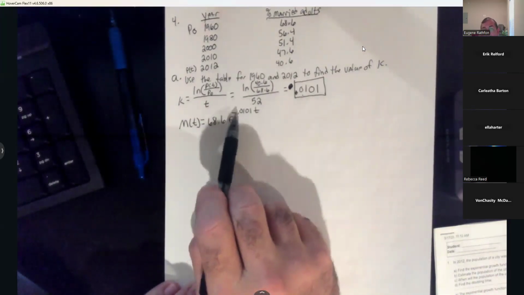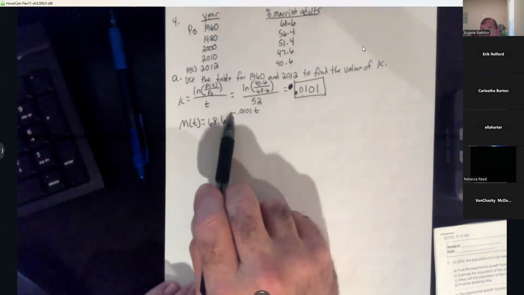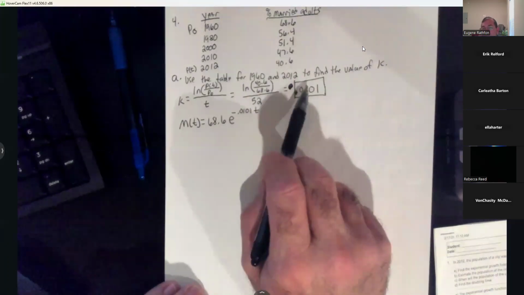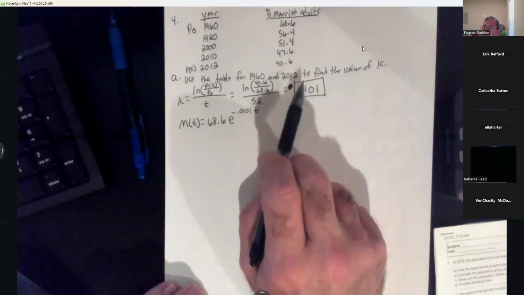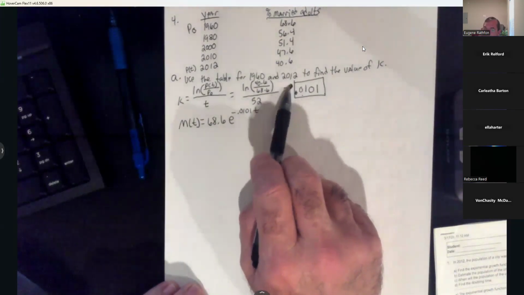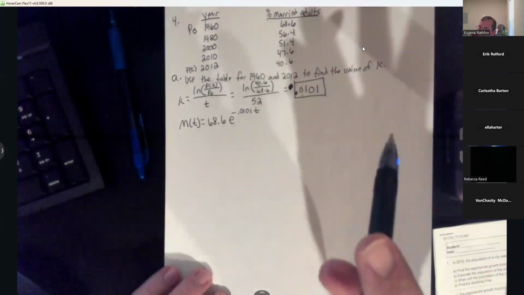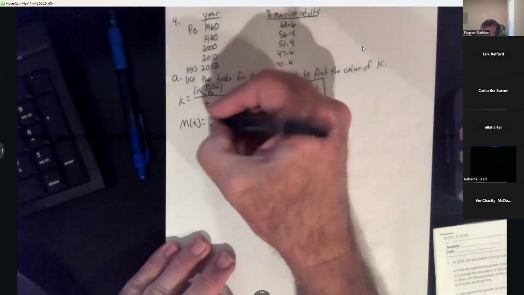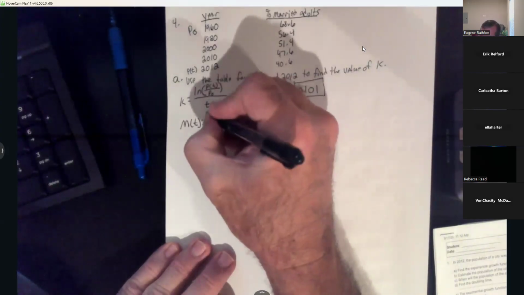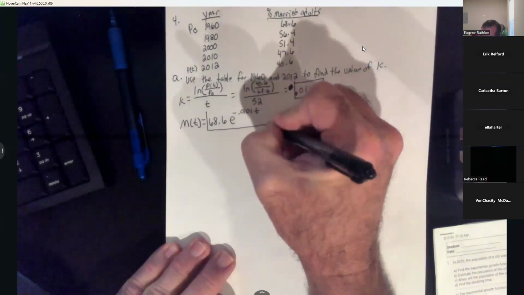So in the formula, the negative is there, okay? But when you put K in for this first answer, do not put the negative. I don't know why MATLAB's picky like that, but it is. So on that part, I'm putting in this right here.